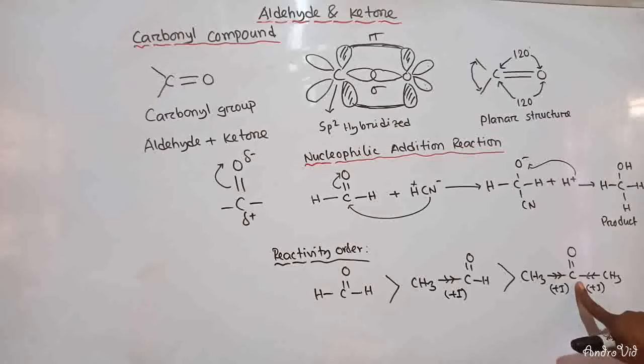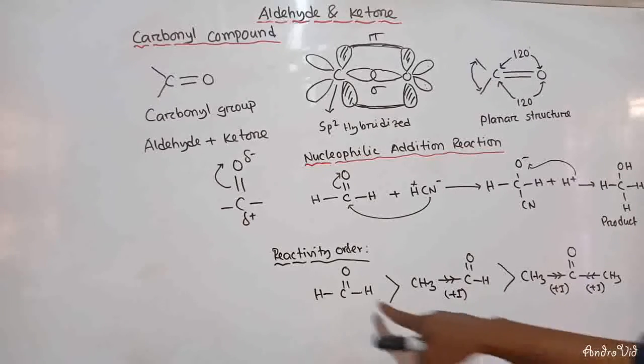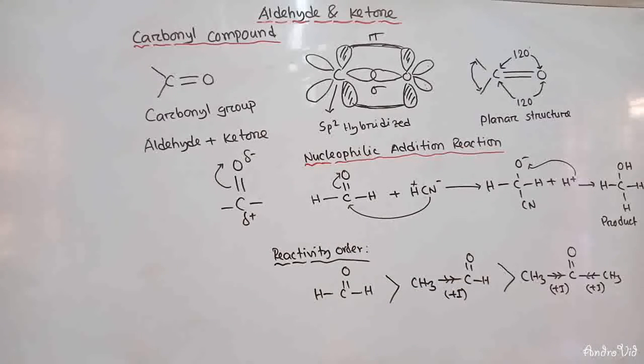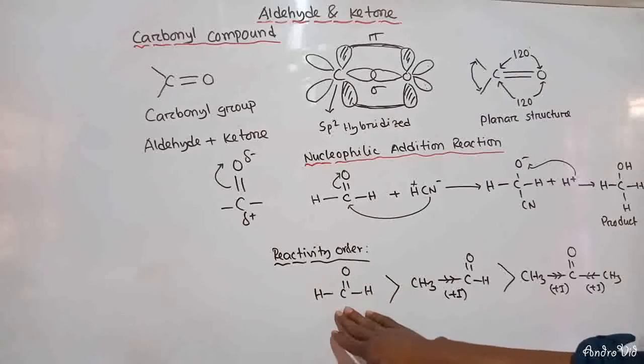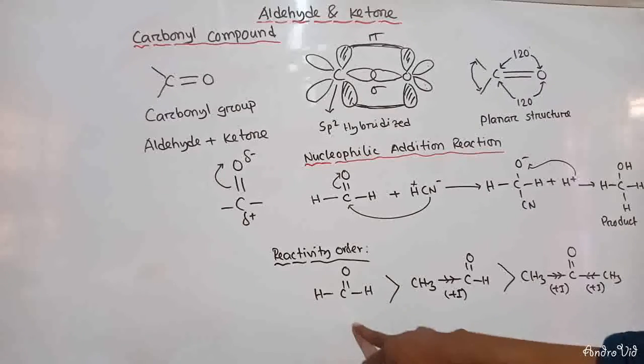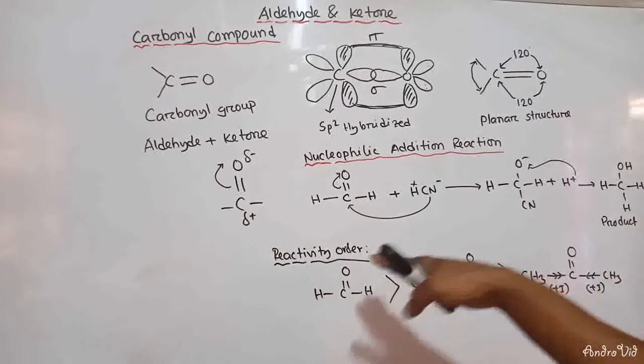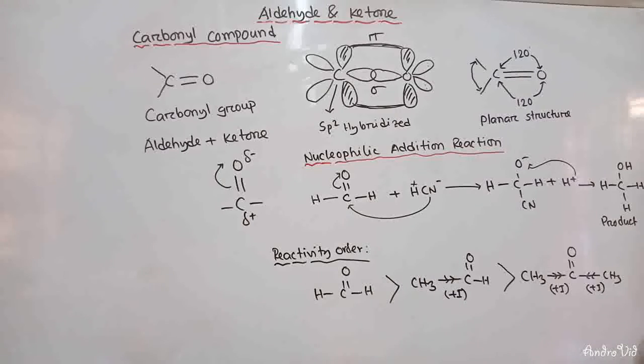So this carbon will be less reactive towards a nucleophile than this carbon, and as no methyl group is present, there is no positive induction effect, so this carbon will be more reactive towards a nucleophile. So this compound, methanal, will undergo nucleophilic addition reaction rapidly. So that's why this reactivity order is possible. Methanal has higher reactivity than ethanal, and ethanal has higher reactivity than propanone.